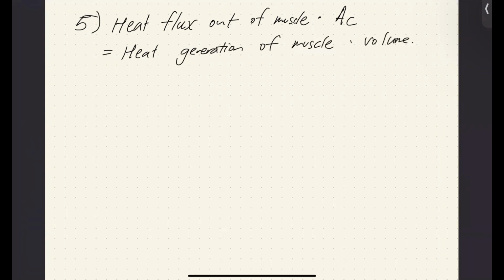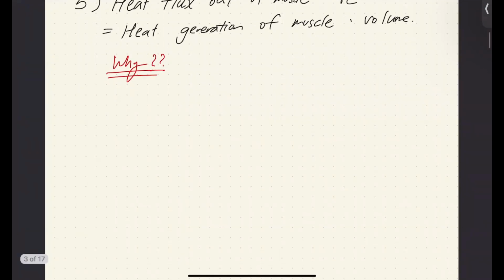And why is this? Well, the reason is because all of the heat generated in our muscles is going to be flowing out of that cross-sectional area.